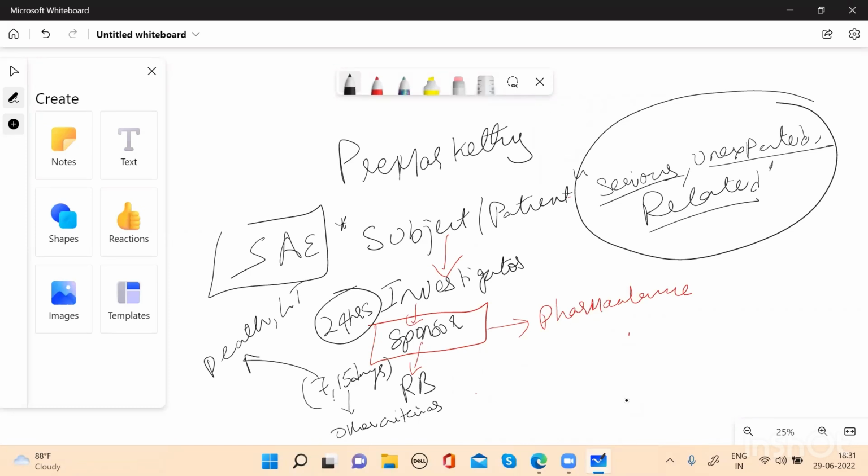For all other criteria, it is reported in 15 calendar days. The investigator will report to the sponsor in the format of a CRF, case report form, because this is conducted in clinical trials, also called pre-marketing pharmacovigilance.